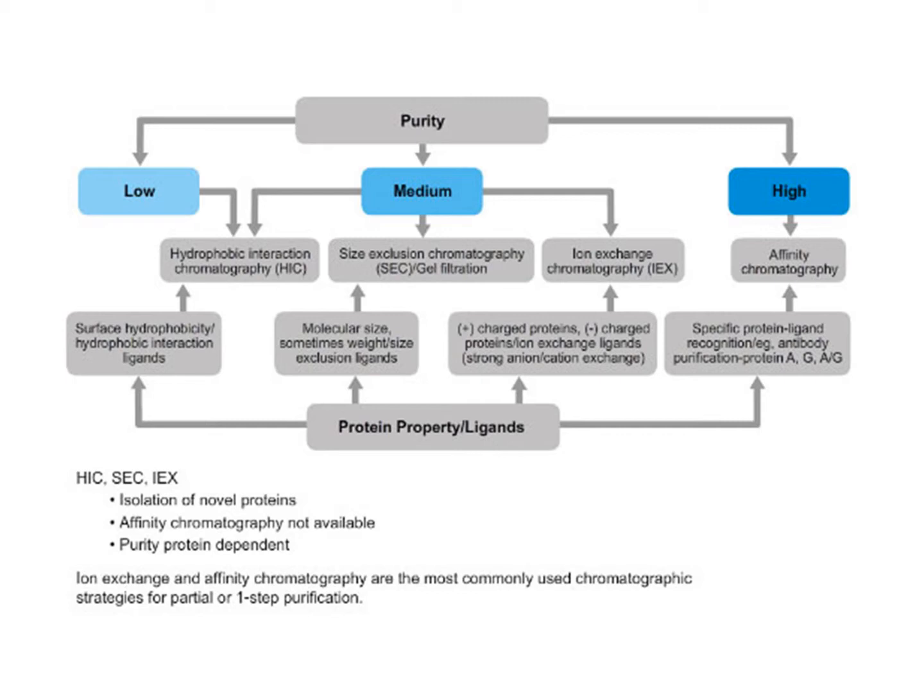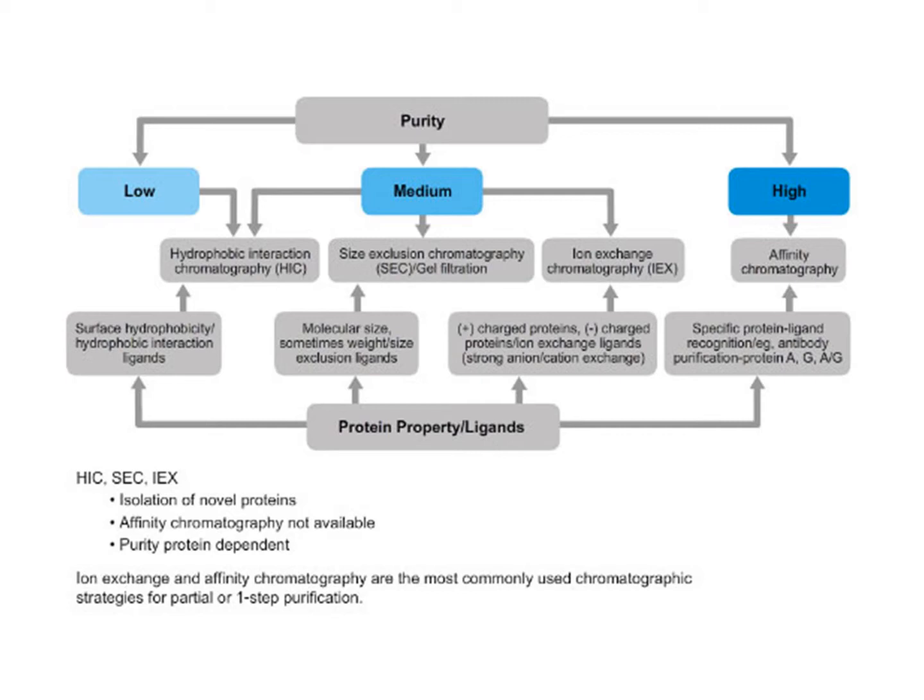So I left off with this flow diagram, and it's just reminding us that purity can be low, medium, or high. Depending on what we can do, we may have to muddle through and do multiple tests to try to get higher levels of purity.